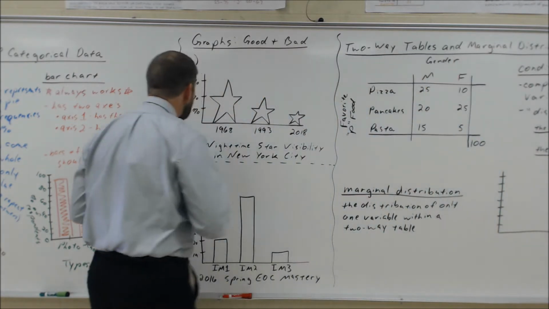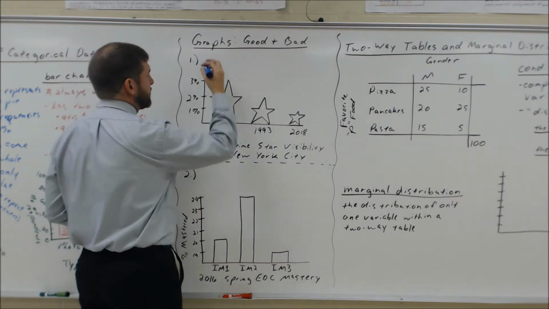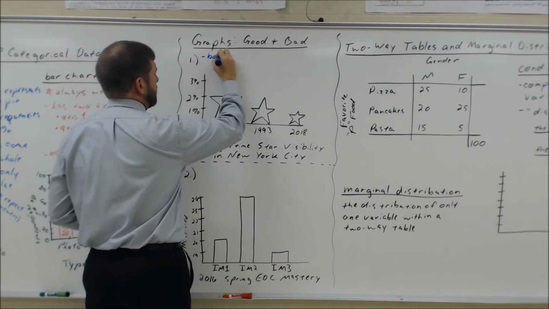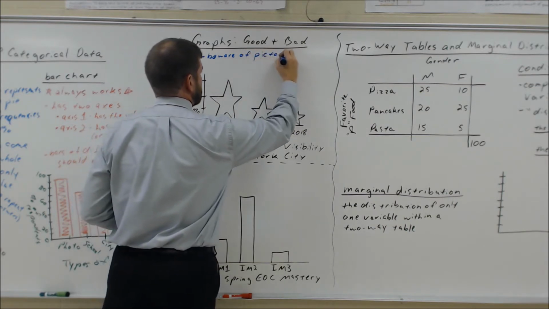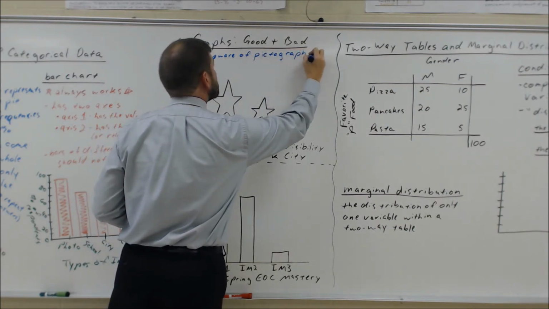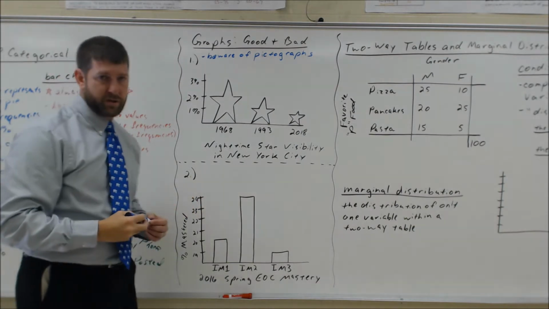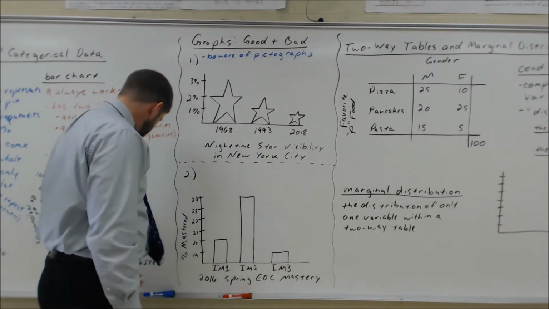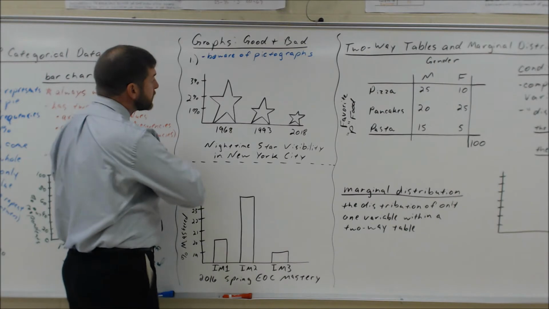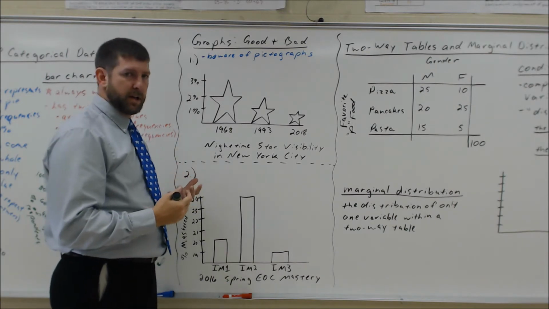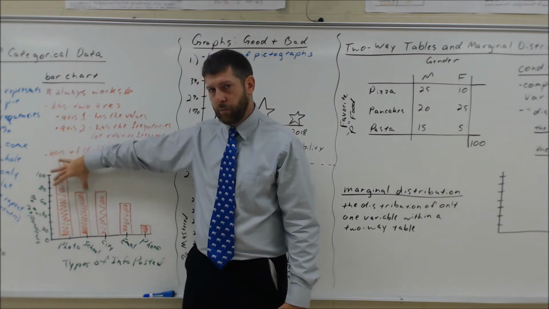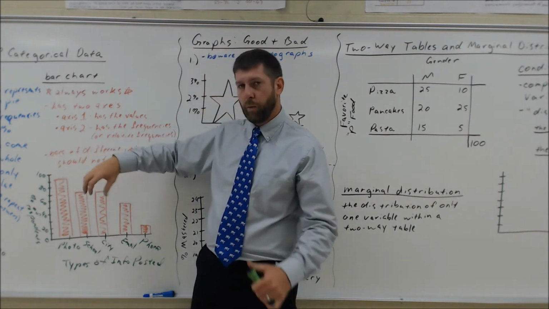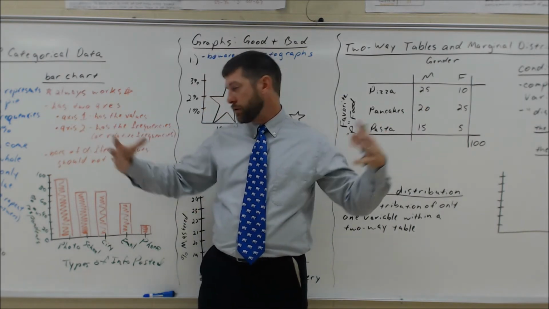All right, so when we work with pictures, I always want to beware of pictographs, graphs that use pictures instead of bars. If you're going to use those to clearly communicate, notice how my bars were the same width every time. I didn't want one to look like it had more area to it.